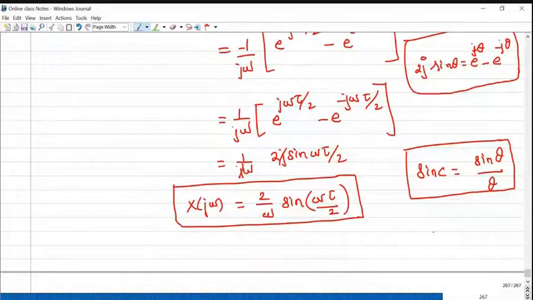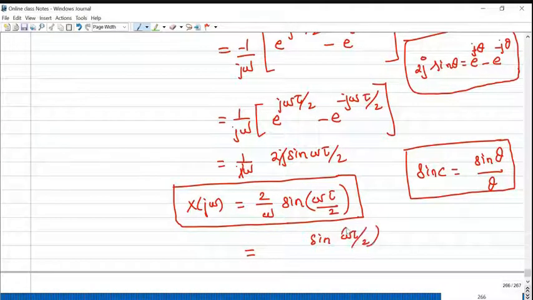So sin omega tau by 2 is readily available. I need omega tau by 2 in the denominator also. Omega divided by 2 is there, but tau is not there.